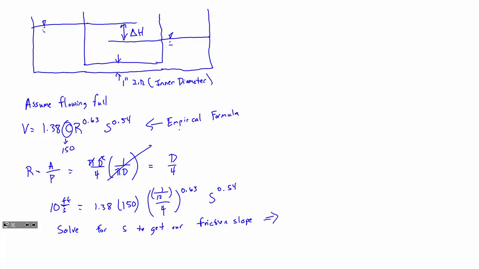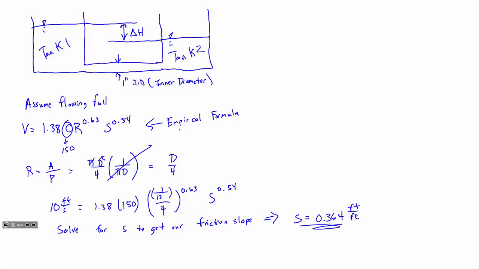And what we see here is that S is going to be equal to 0.364 feet per foot. So this means that basically for each linear foot of that piping system that's transporting the fluid from tank 1 to tank 2, you're going to have a head loss of 0.364 feet per each foot of that pipe.